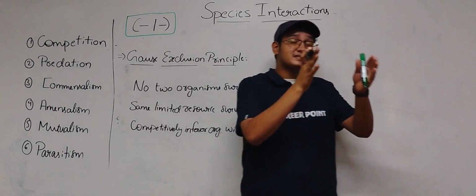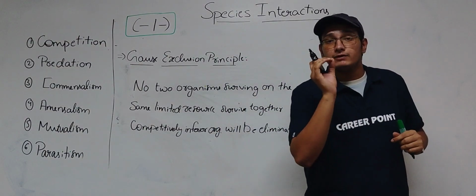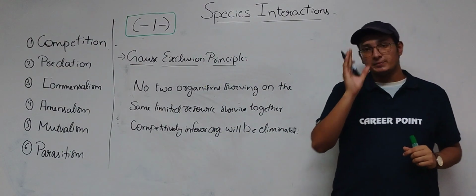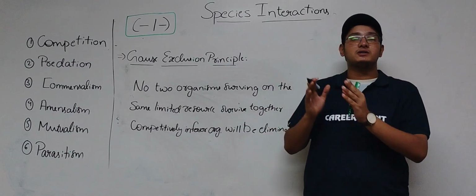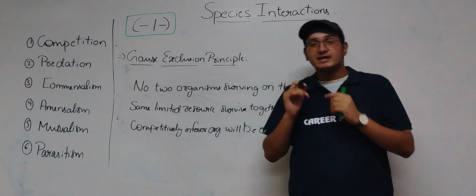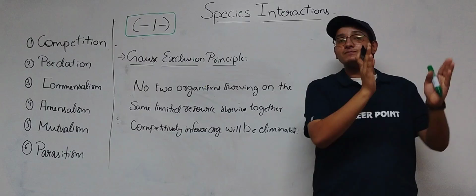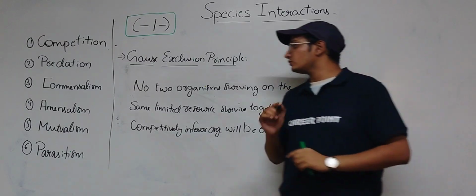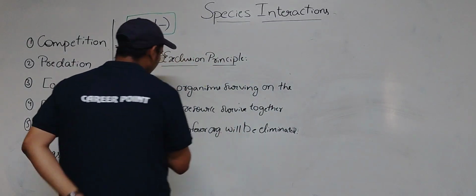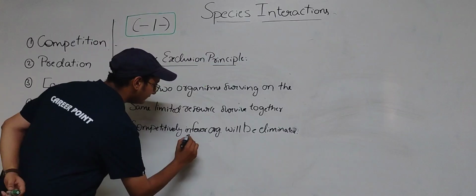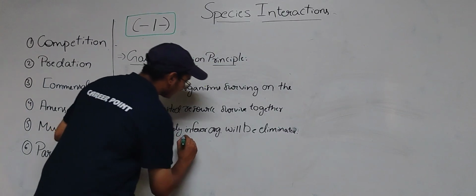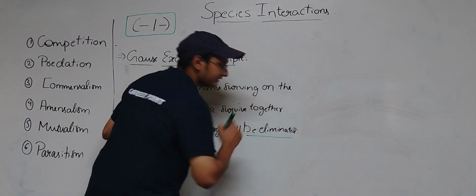The organism getting less food is the inferior competitor. After some generations, the inferior organism will be eliminated. This is what Gause's principle says.